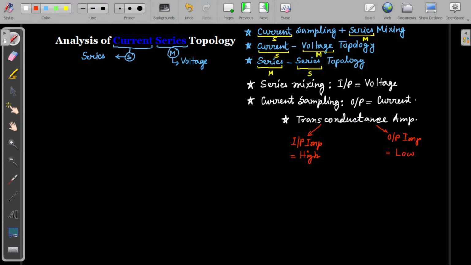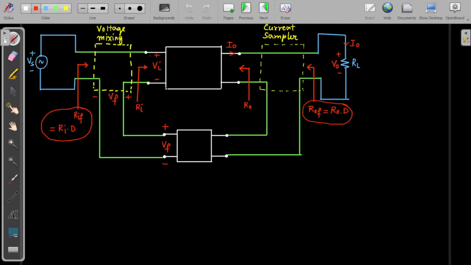Okay, now let us see what will be the basic amplifier. In this case the basic amplifier is transconductance. If you remember, for the transconductance amplifier we call the gain the transconductance gain, that is GM, and GM will be equal to I0 divided by the input voltage.